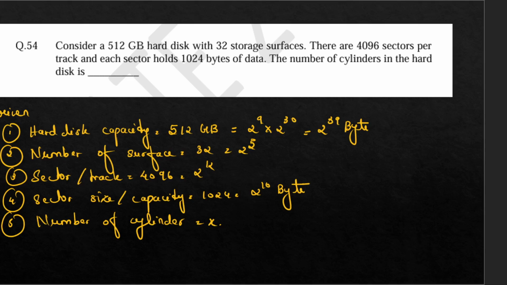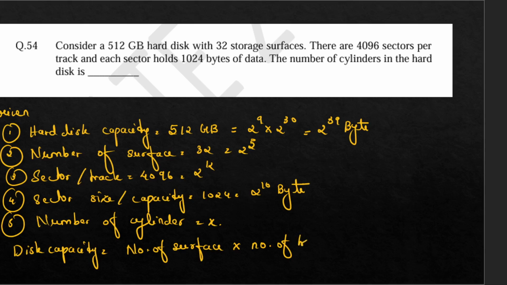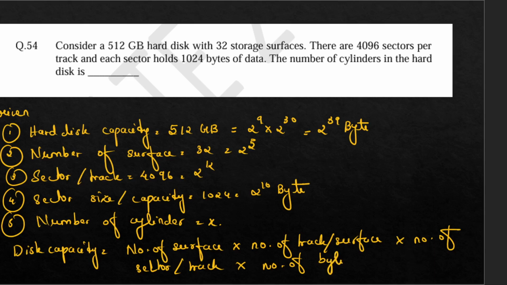And from this, what do we know? We know that disk capacity is equal to number of surfaces into number of tracks per surface into number of sectors per track into number of bytes per sector.